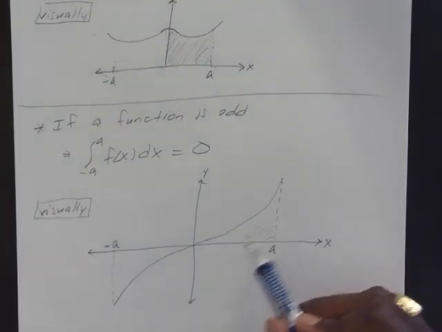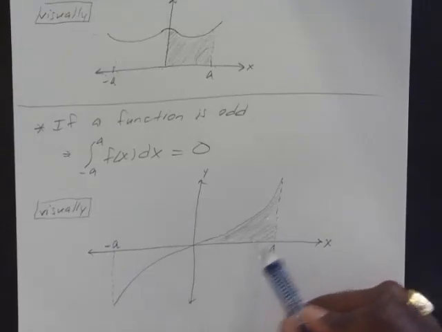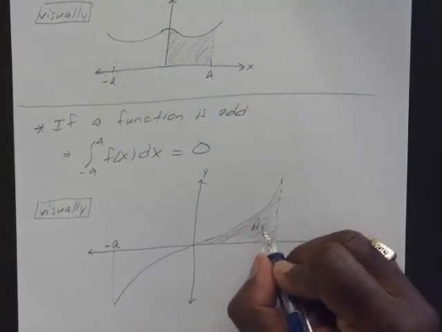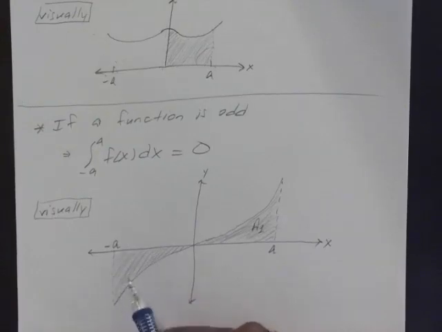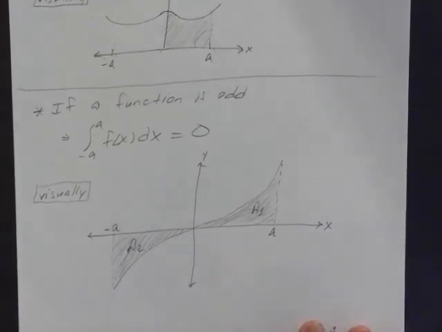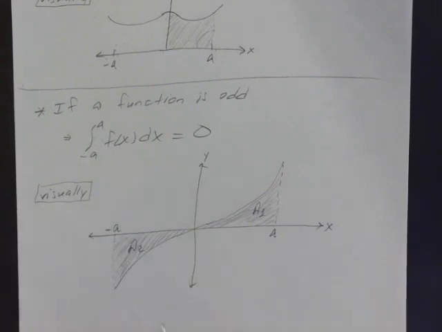Okay, so we know if we have this area here, which is above the x-axis, we'll call that area number 1. And this area here below the x-axis, we'll call that area number 2. Then the integral is just the net area.